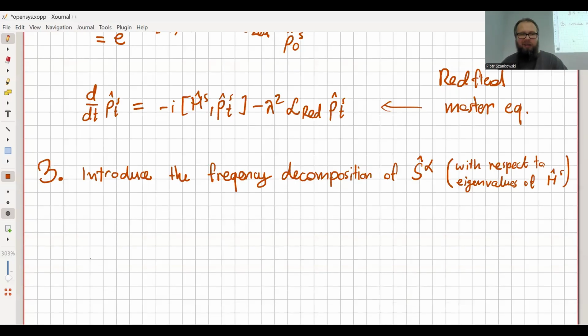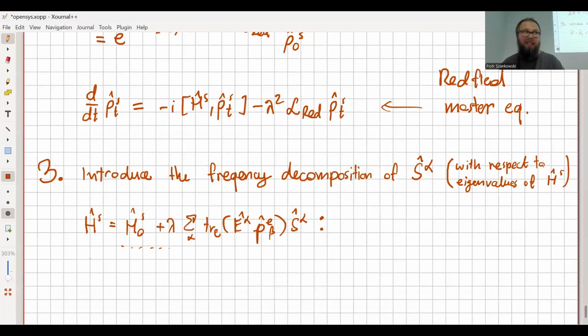We have our shifted Hamiltonian, which, just to remind us, is the bare Hamiltonian plus lambda sum over alpha of the trace of the environment operator B_alpha times S_alpha. This is a constant operator, so it can have eigenvalues and eigenvectors. So let's define those.